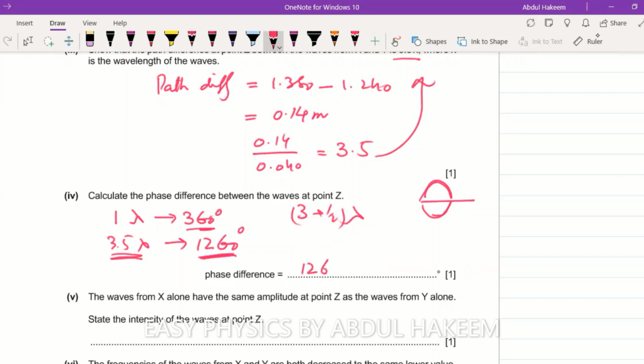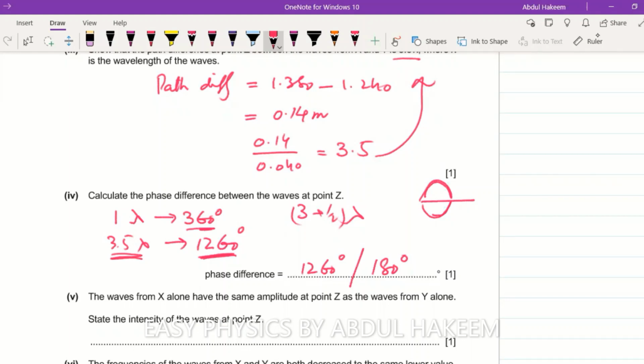It's up to you. When the path difference is 1 lambda, 2 lambda, 3 lambda, the waves are in phase. But this is 3.5.